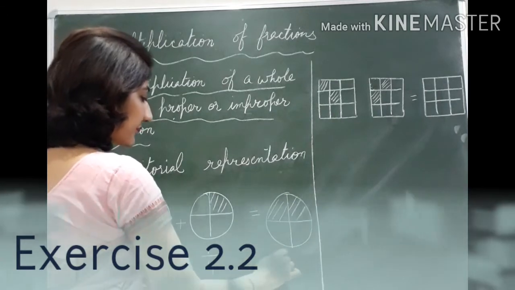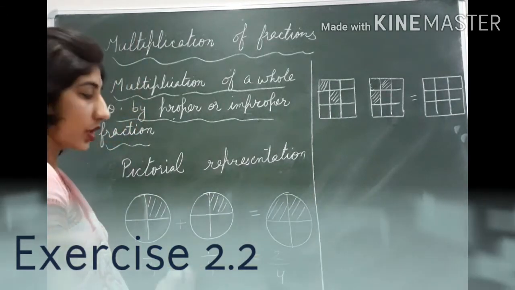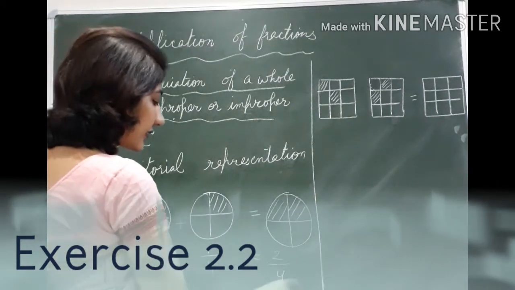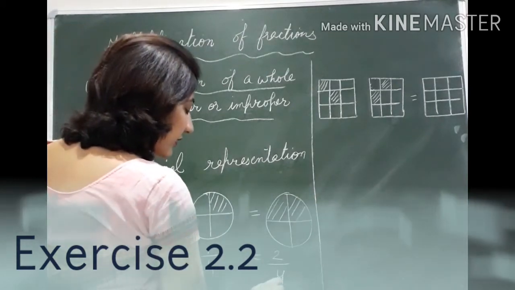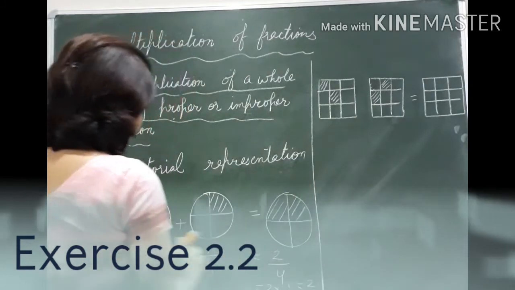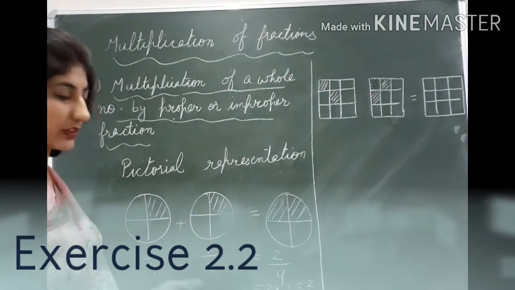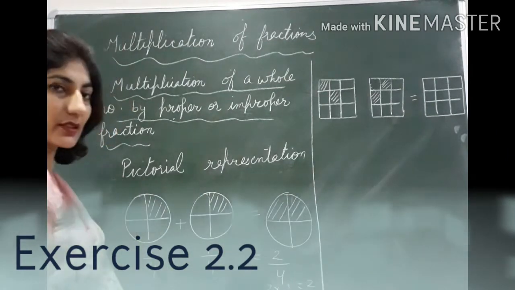That means out of 4, 2 are shaded, so it is 2/4. Or I can write this as 2 multiplied by 1/4, that is equal to 2/4. So it is repeated addition: 1/4 plus 1/4. 2 times 1/4 gives us 2 into 1/4, that is 2/4.